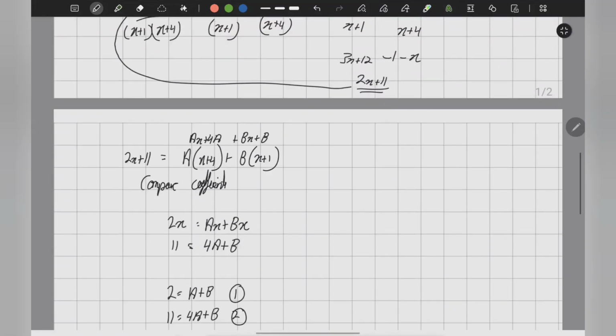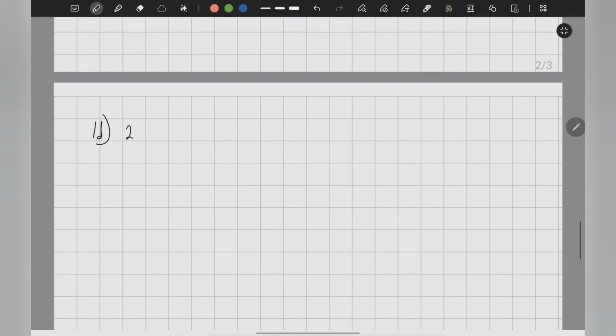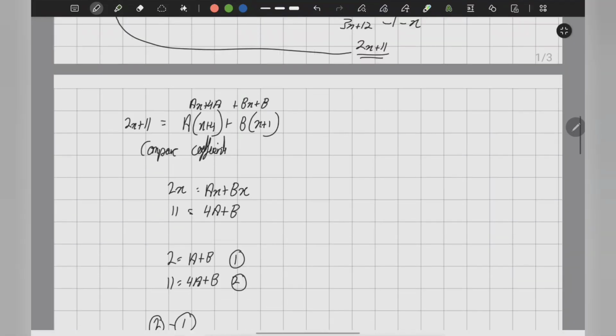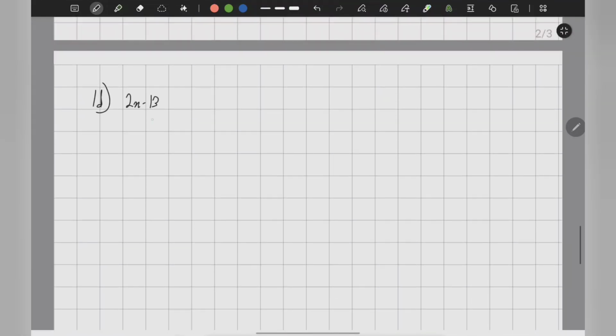Okay, 1d, 2x minus 13 is the numerator, and the denominator is 2x plus 1, x minus 3. 2x plus 1 and x minus 3. Okay, so same process. Write this as two fractions with each denominator being one factor.